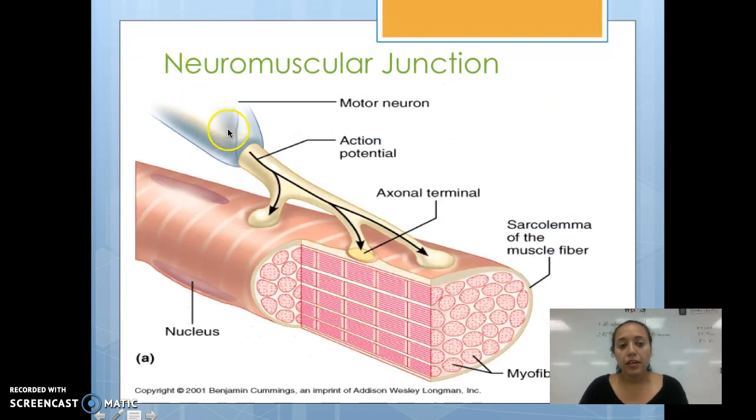So just imagine this long extension coming from your brain or spinal cord, and it comes in, and this is your axon, and these are your axon terminals. This is a neuron, right? Just imagine this coming from your brain.